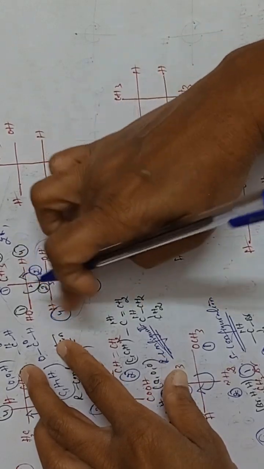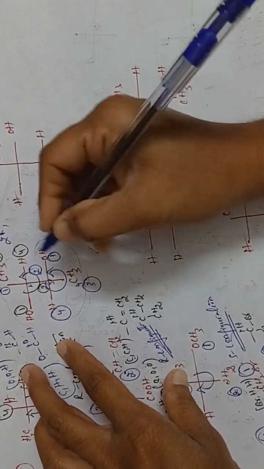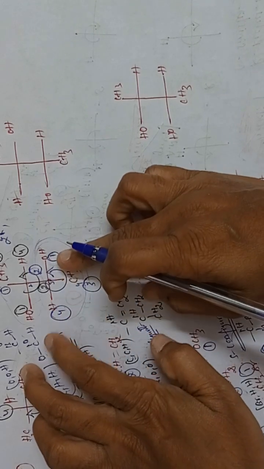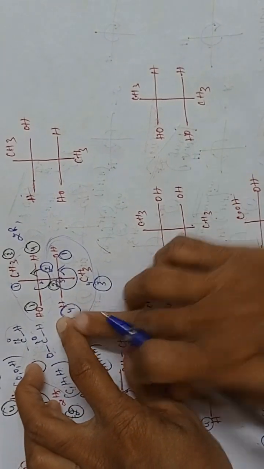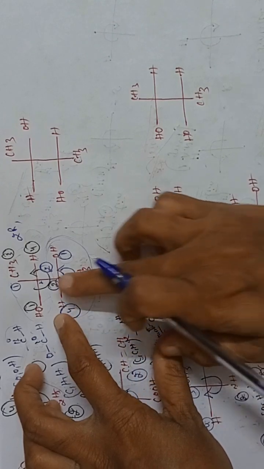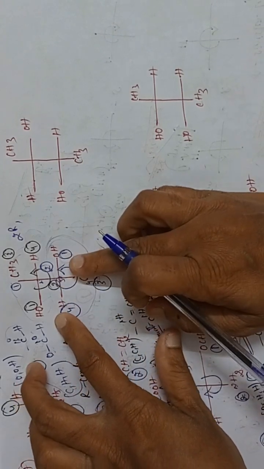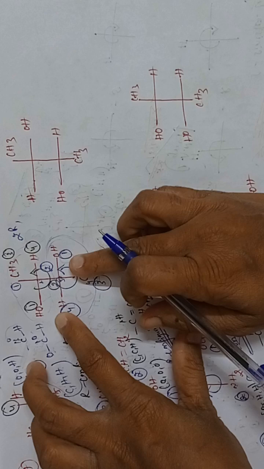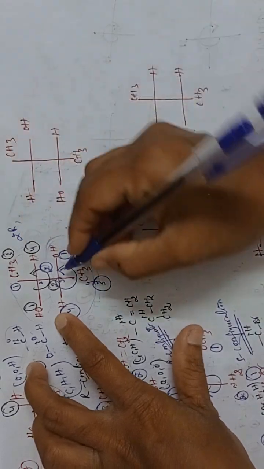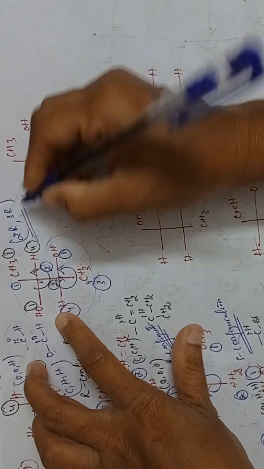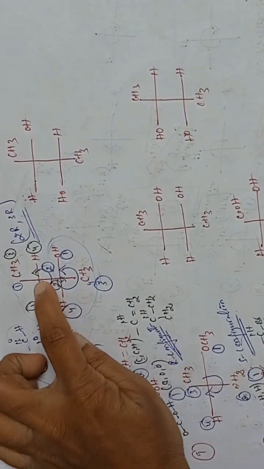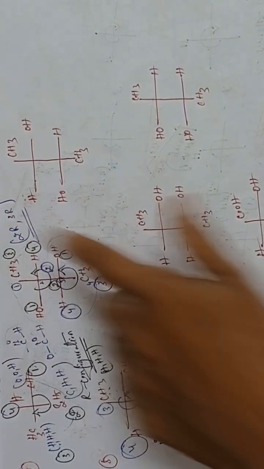Which direction, students? This is also anti-clockwise direction. The hydrogen atom is on the horizontal line, so anti-clockwise means R configuration. The third carbon is also R configuration. So like this you have to write the answer: second carbon 2R, third carbon 3R.